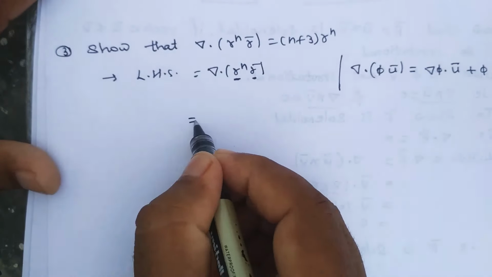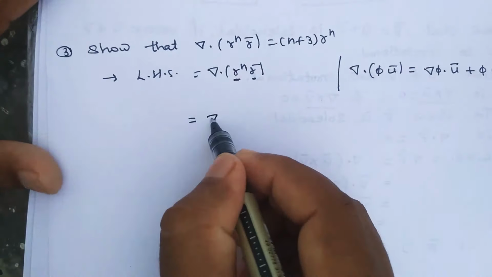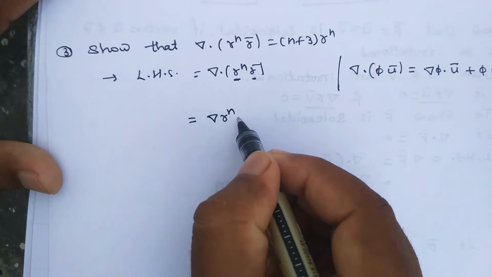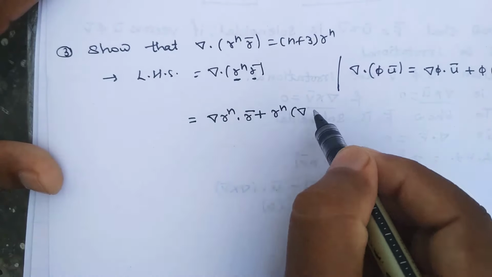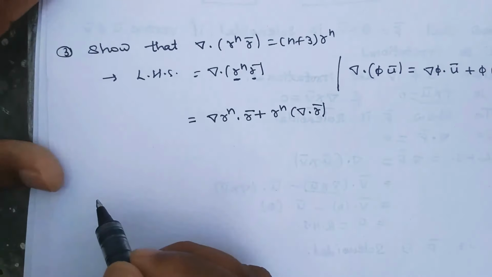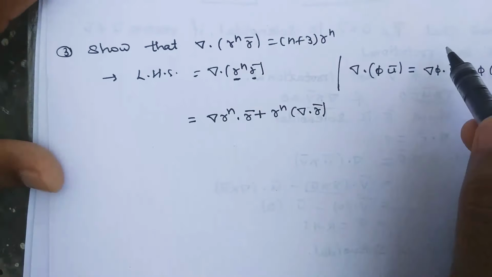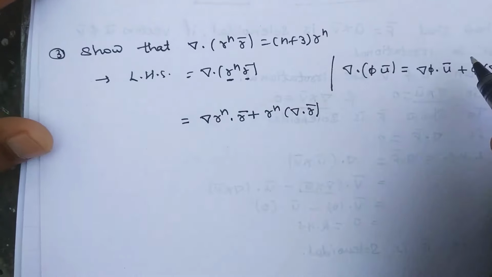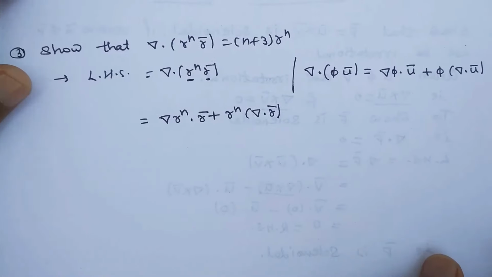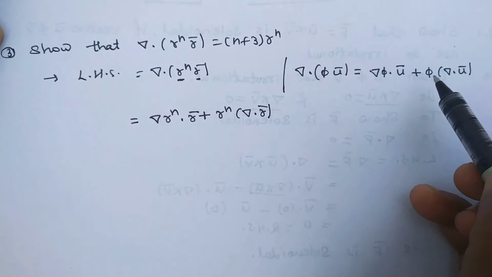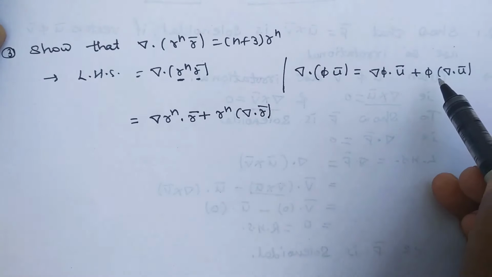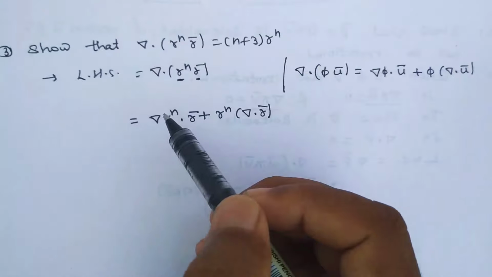So using this identity, here you will get del r raised to n dot r bar plus r raised to n into del dot r bar. Using the first vector identity, you get this result. What is the first vector identity? Del dot phi u bar is equal to del phi dot u bar plus phi into del dot u bar.